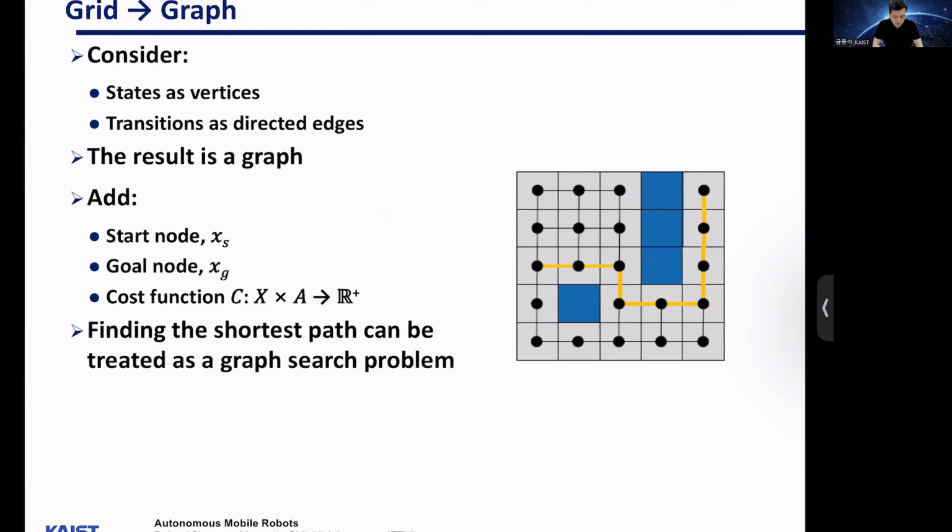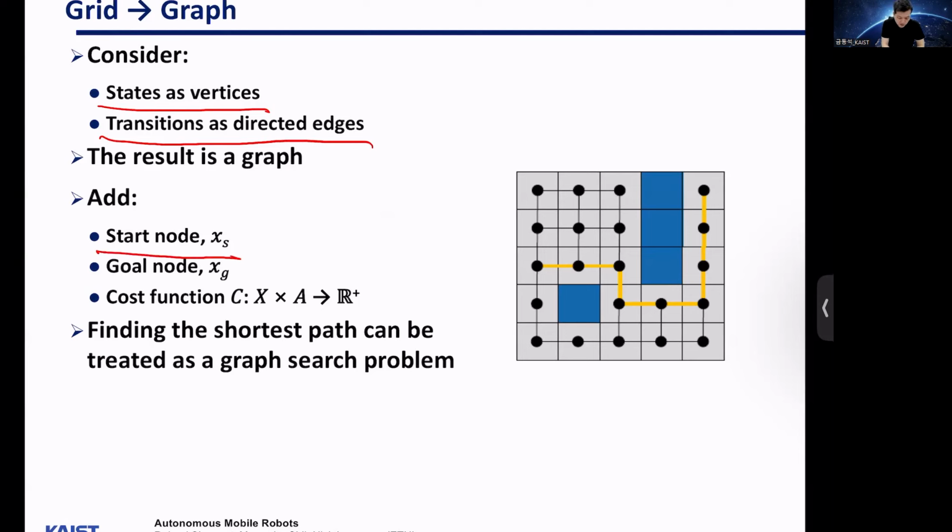We can create this grid on a 2D space, and we can make this into a graph structure. Let's consider states as vertices and transitions as directed edges. Now we have a graph.